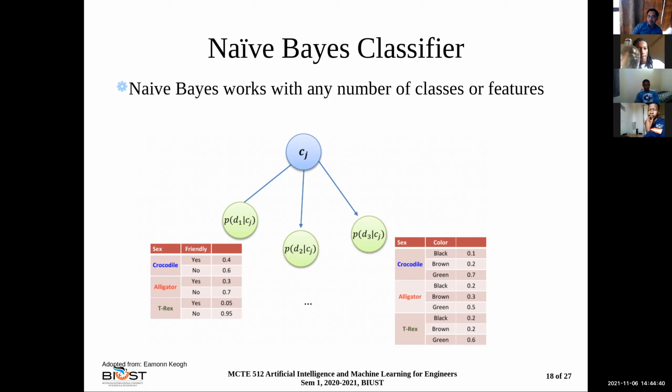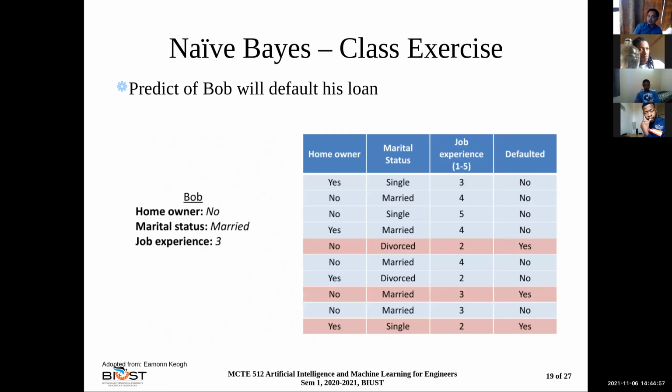For example, given that it is friendly, is it a crocodile? Or given that it is a crocodile, will it be friendly? Depending on what data is given to us.